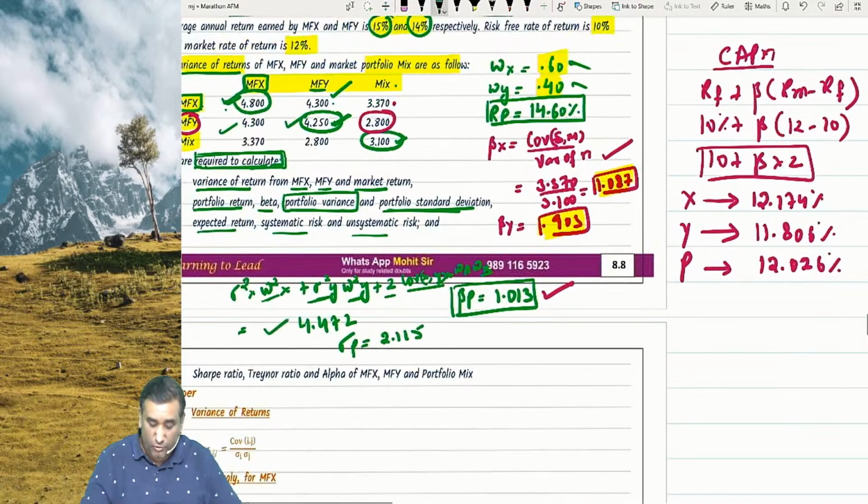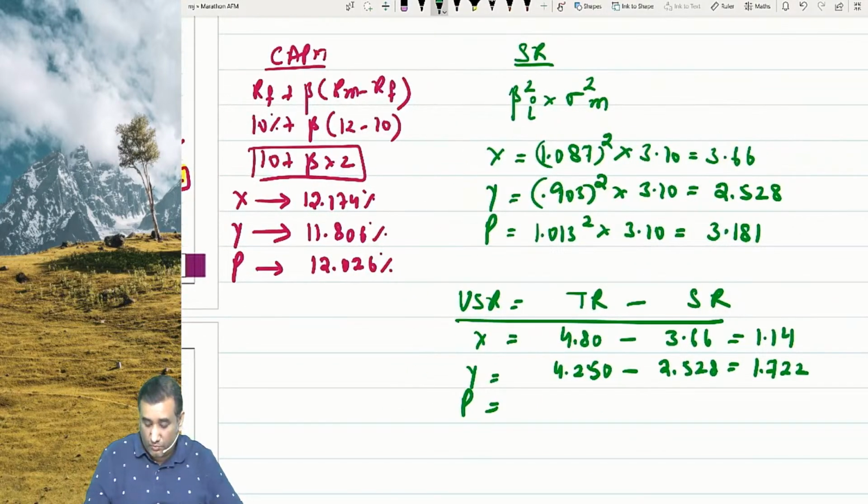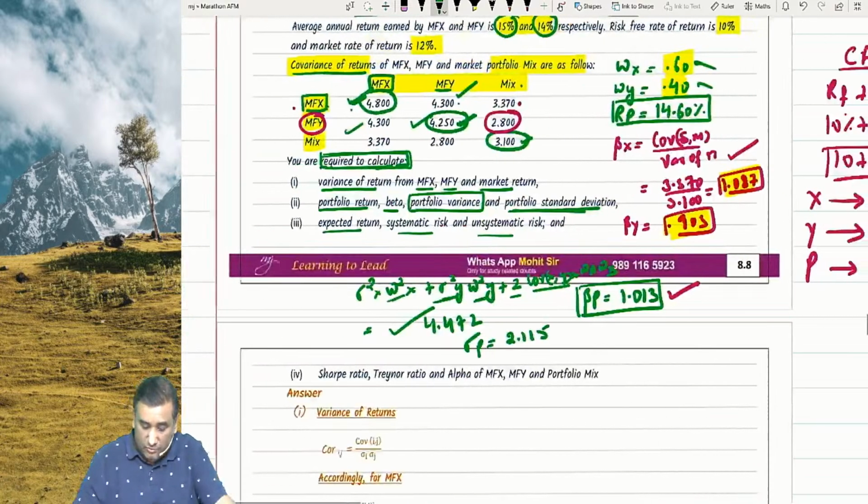Total risk was 4.472 minus 3.18. What do you get? This was the third part, right?